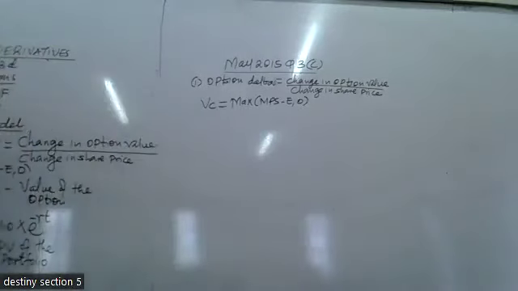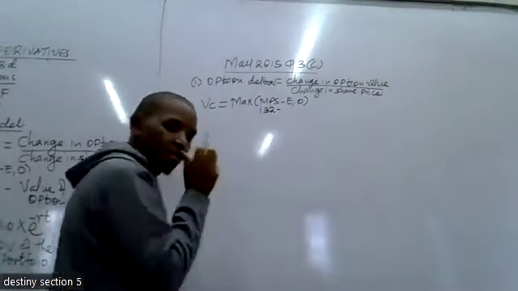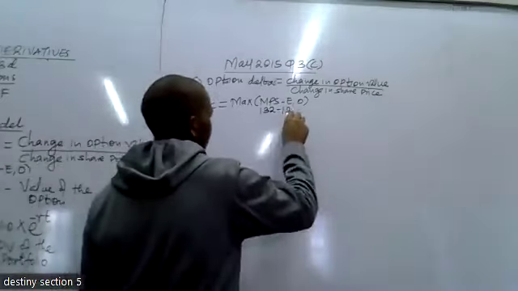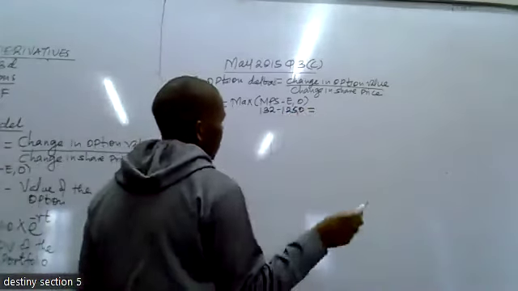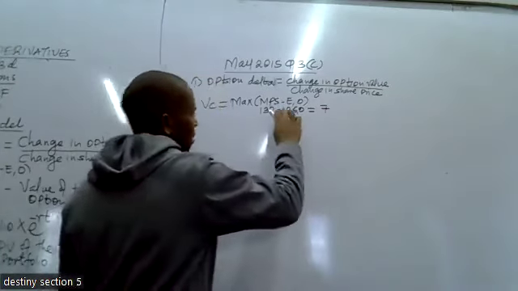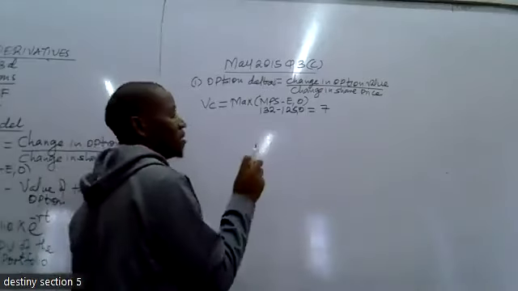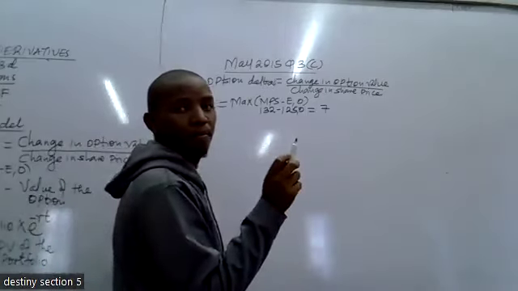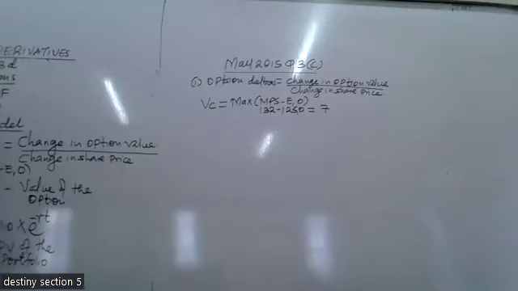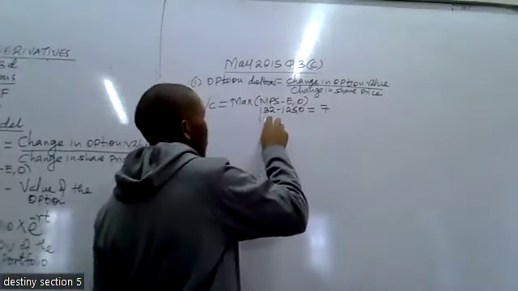We have 2 prices here. The price can either be 132, and our exercise price is 125, so the maximum is 7. The other price can be 132 or what?